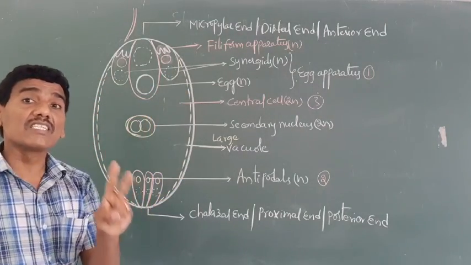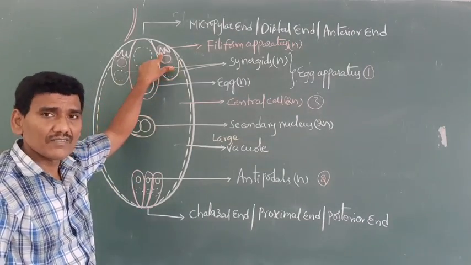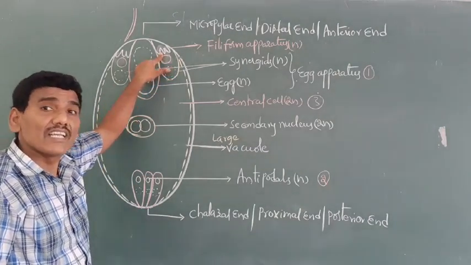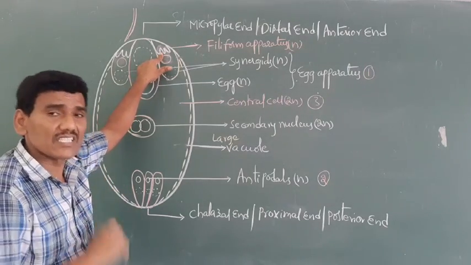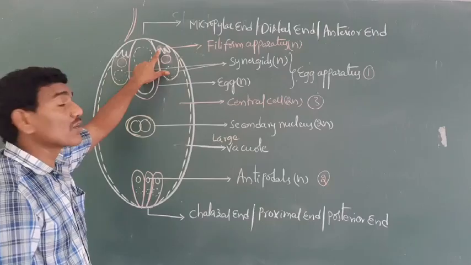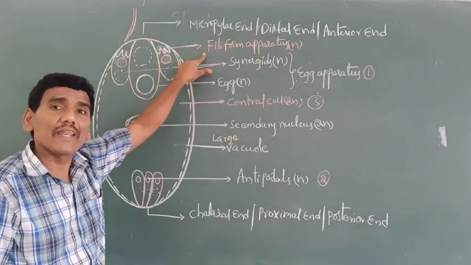The synergids have special cellular finger-like thickenings located at micropylar tip, called filiform apparatus.